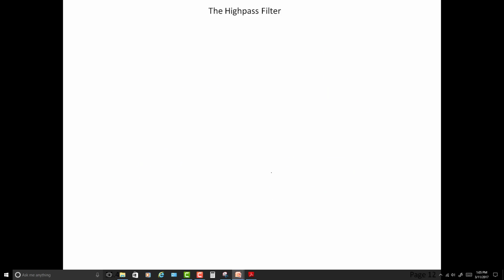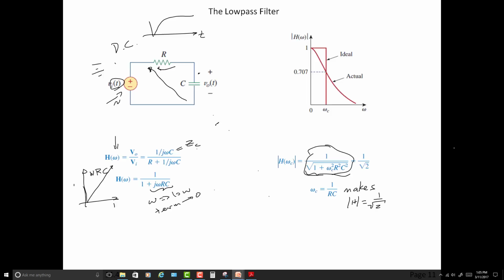Let's look at the next one, the high pass filter. Oh, that's also an RC circuit, except now we look at the voltage across the resistor. Isn't that interesting, right? I mean, you could go back to this and say, well, you could almost see this coming, right?